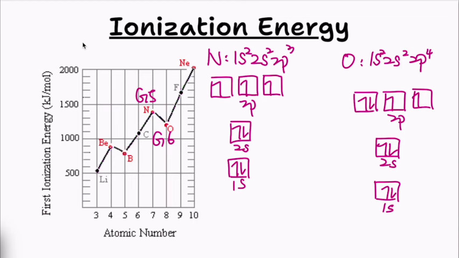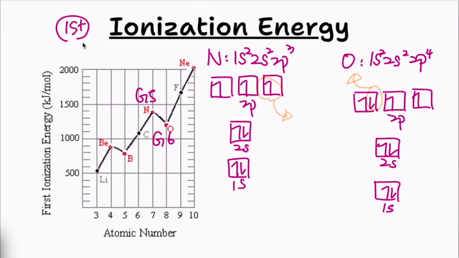Now when you're calculating again the first ionization energy, you are trying to remove the electron in the 2pz orbital of nitrogen, and one of the paired electrons in the 2px orbital of oxygen. Which one is easier? Even though nitrogen doesn't have a fully filled orbital, it has a half-filled 2p orbital, which also makes it stable.